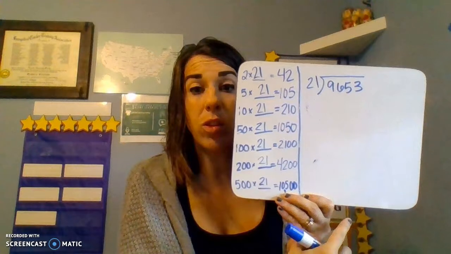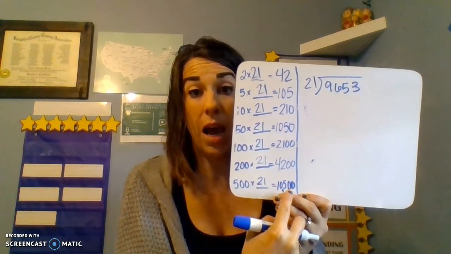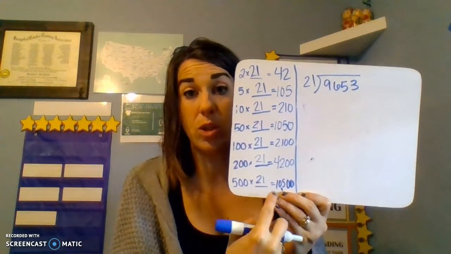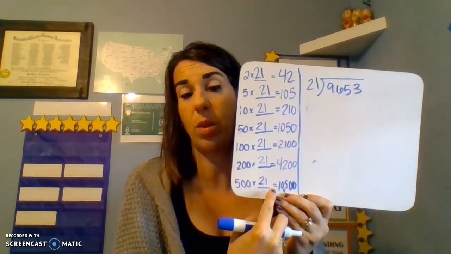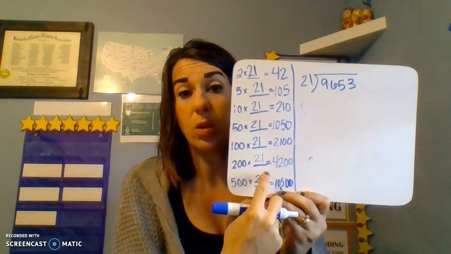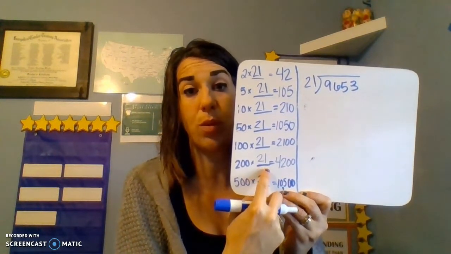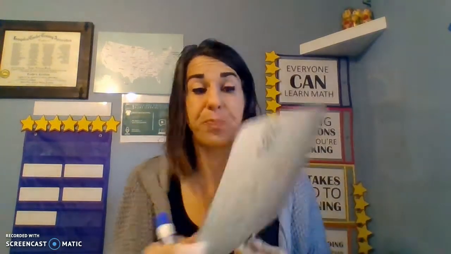And so I look down here because my dividend is 9,653. It's pretty high. And I can see that 500 times 21 is going to be too much. That's going to put me over 9,653. So I am going to use 200 times 21 as my first partial quotient.